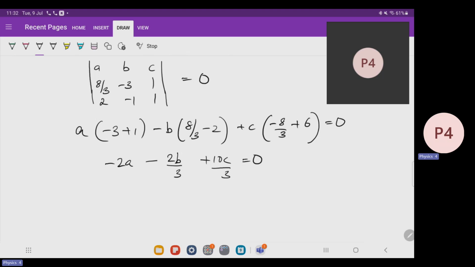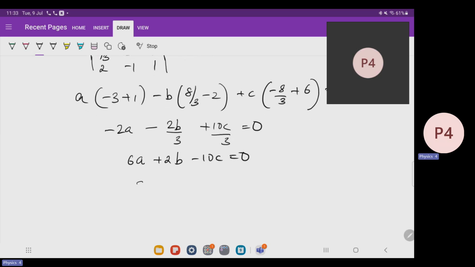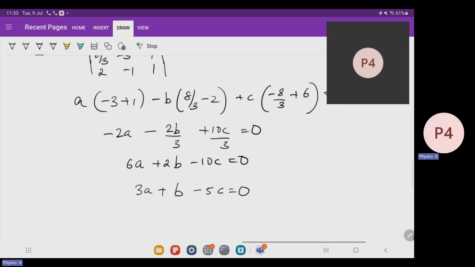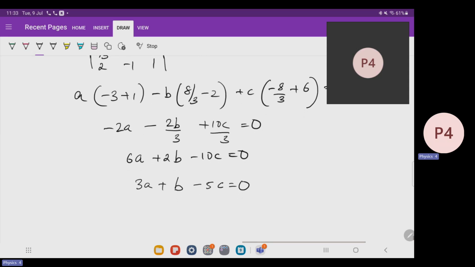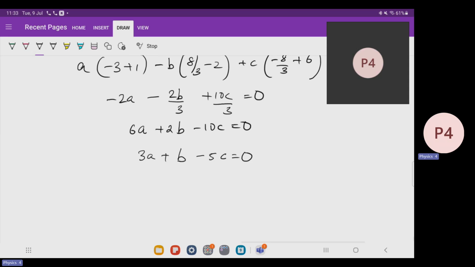Now multiplying by minus 3, we will get 6A plus 2B minus 10C is equal to 0. Dividing by 2, in fact, we will get 3A plus B minus 5C is equal to 0. So let us put C as k.